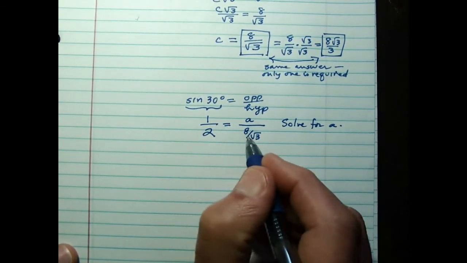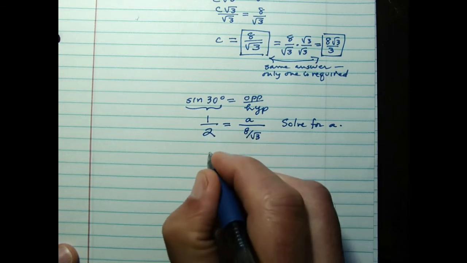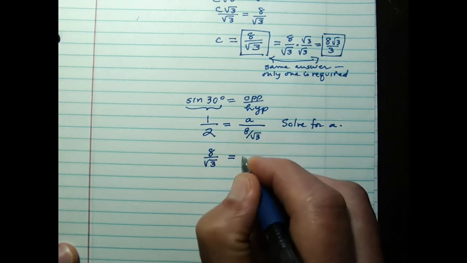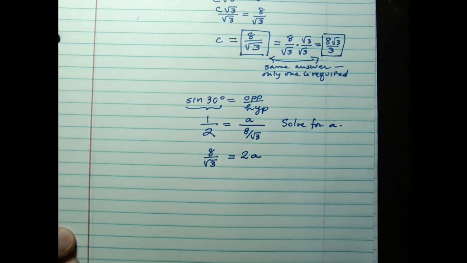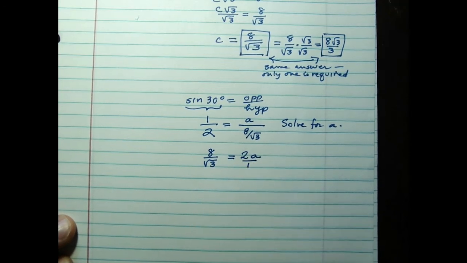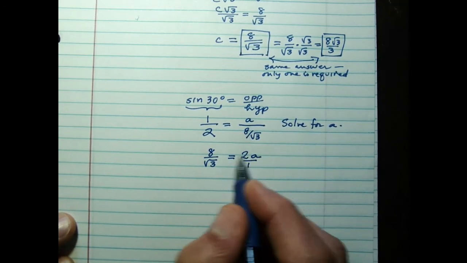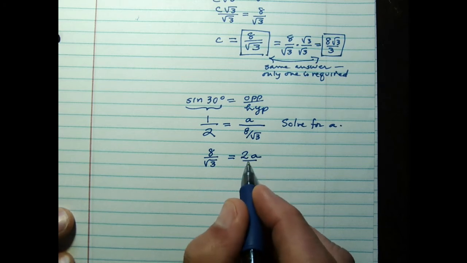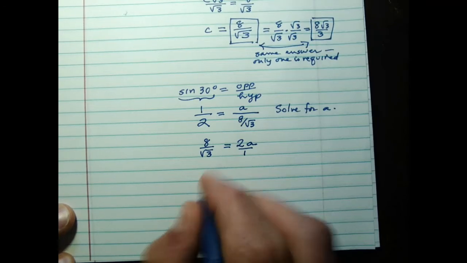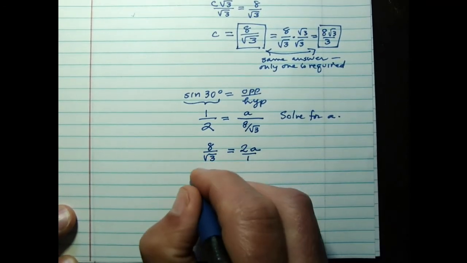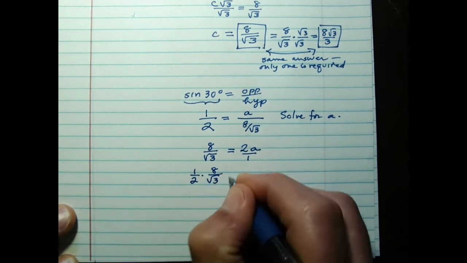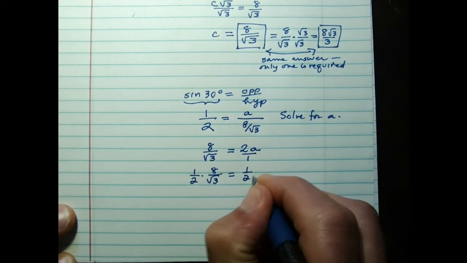And if I cross multiply here, I get 1 times 8 over the square root of 3. That's kind of nice, because then I just get that fraction by itself, equals 2a. And that 2a I can write over 1. And if you wanted, you could cross multiply again, or you could divide both sides by 2. Now, because I have a fraction on the left, I'm actually going to multiply both sides by a half. That avoids getting into fractions of fractions.